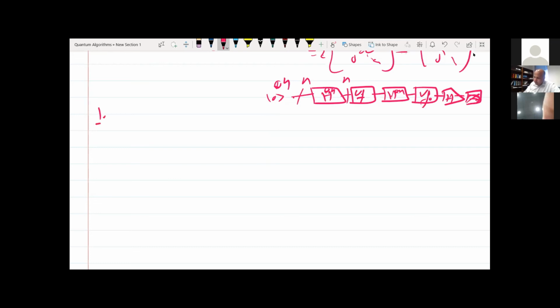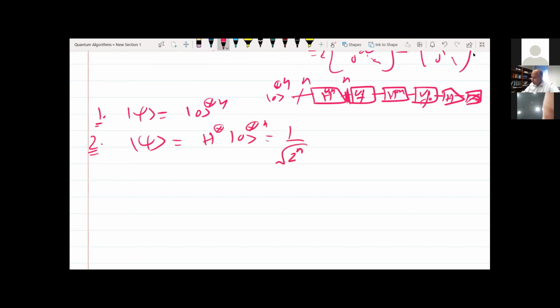So in step number 1, my state psi is 0. After the first Hadamard, my state psi is something that we have already worked out: 1 over square root of 2 power n, sum over x from 0 to 2 power n minus 1 of x.